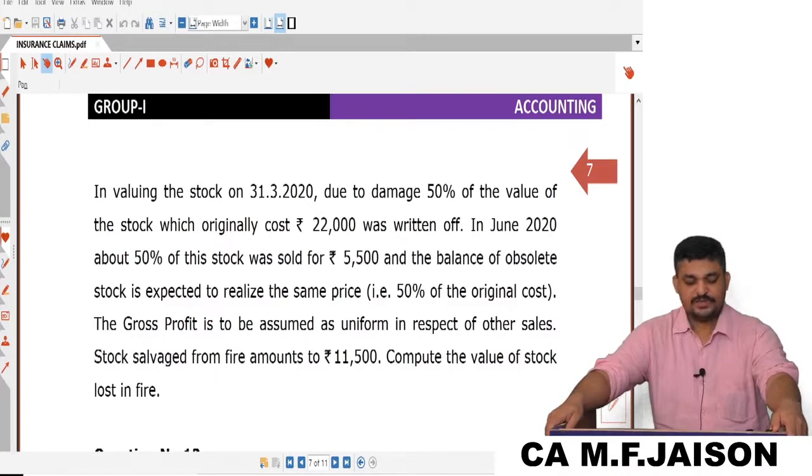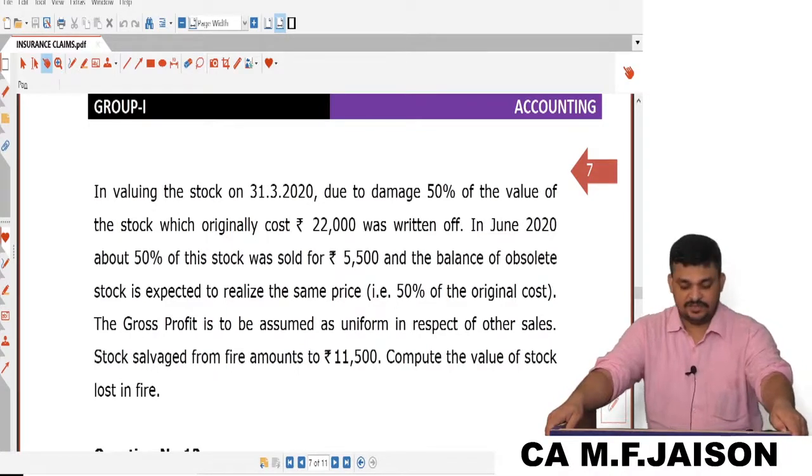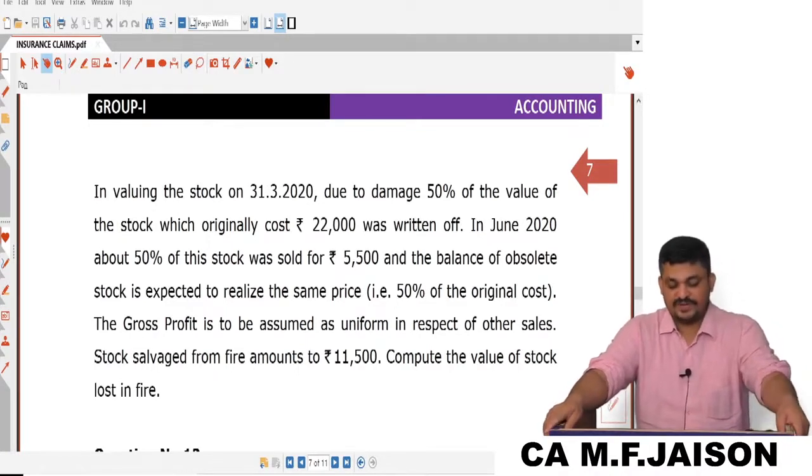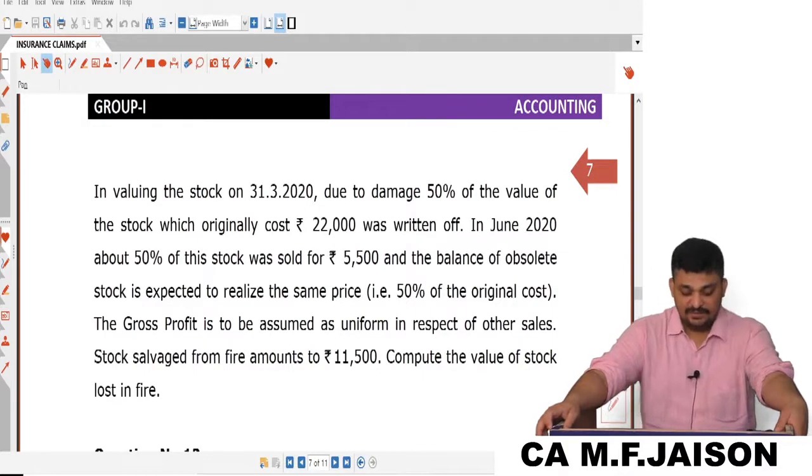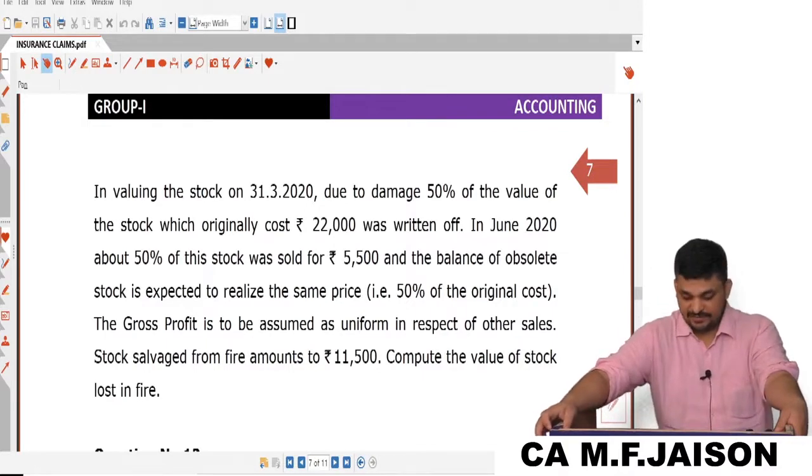In June 2020, about 50% of this stock was sold for rupees 5,500 and the balance of obsolete stock is expected to realize the same price, that is 50% of the original cost. The gross profit is to be assumed as uniform in respect of other sales. Stock salvaged from fire amounted to rupees 11,500. Compute the value of stock lost in fire.